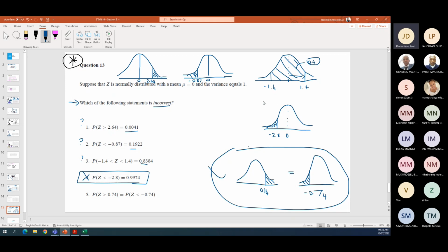But you can also look in your textbook, and I have made a note on it for you guys on the PDF, where they talk about the standard deviations. So mean with 1 standard deviation, mean with 2 standard deviations, mean with 3 standard deviations, where it is 68%, 95%, and 99%.